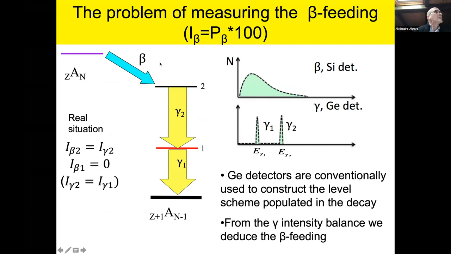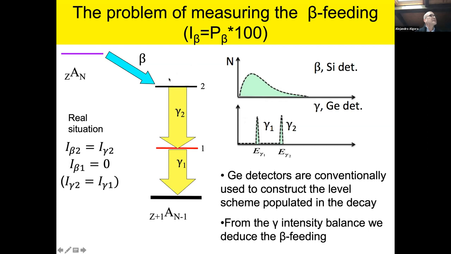Now I will emphasize how we determine this number. It looks like this is not such a difficult problem, but in reality it's not so easy. If you measure the beta spectrum with a silicon detector, for example, you will get a spectrum that looks like this. If you have more than one transition, it's very difficult to disentangle. To solve this problem, we normally use germanium detectors that have a fantastic energy resolution, and then you construct the level scheme of the beta decay.